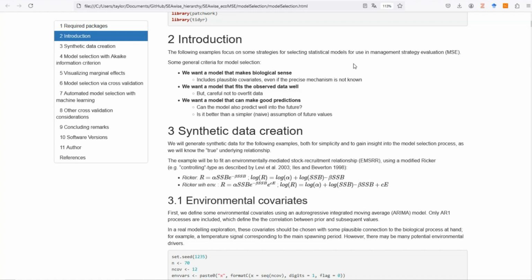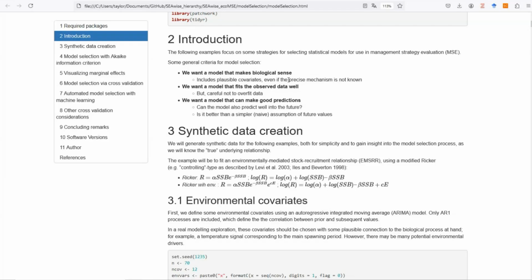So hypothesis-driven models are a key underlying criteria for choosing models. Not that we get some great model, but it makes no biological sense and we don't know how to explain it in a paper. So that's one of the criteria that we've tried to follow.